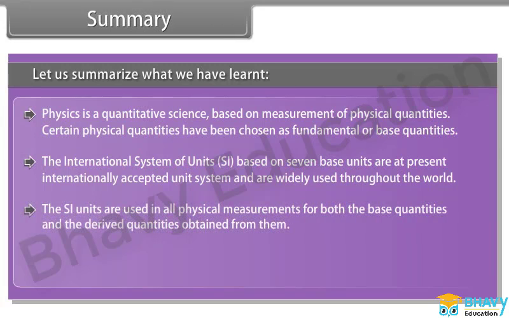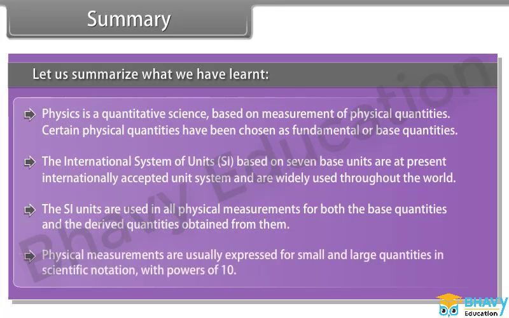The SI units are used in all physical measurements for both the base quantities and the derived quantities obtained from them. Physical measurements are usually expressed for small and large quantities in scientific notation with powers of ten.